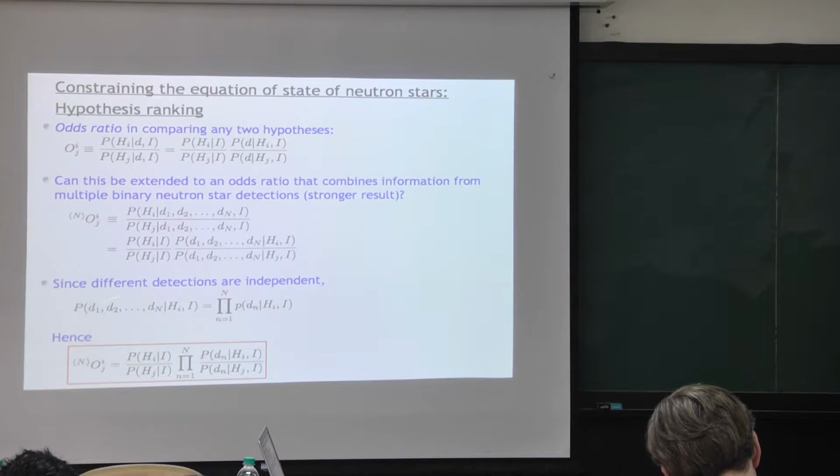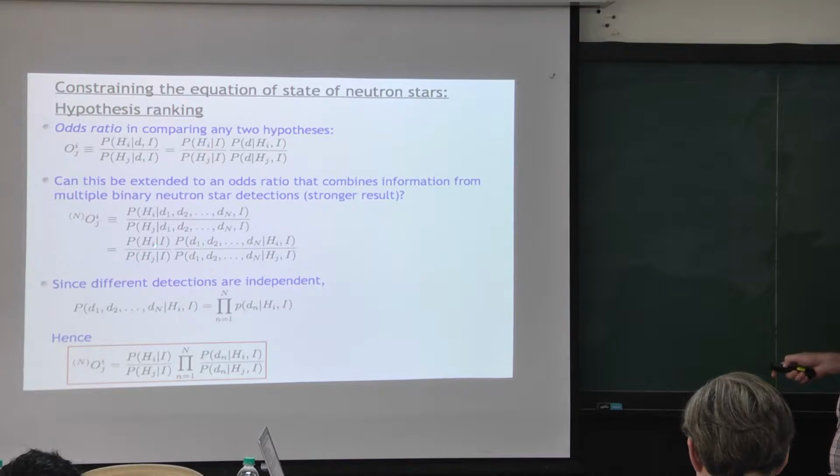Now, one of those likelihoods is just the probability for D1 having been observed, and D2, and D3, and D4, and so on. So in terms of probability, and also assuming that different detections are independent, this is just a product of probabilities, right? And the individual probabilities in the product are just the likelihoods for the individual detections.